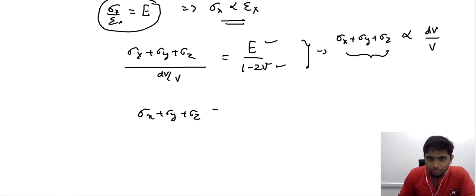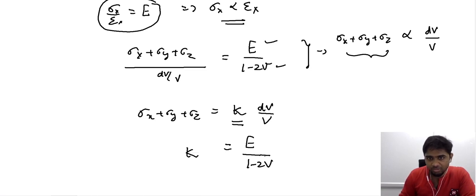this constant of proportionality with another constant. So we are just replacing this proportionality sign here with a constant of proportionality k, and this k, when we relate these two, is nothing but the ratio of E and 1 minus 2 nu.